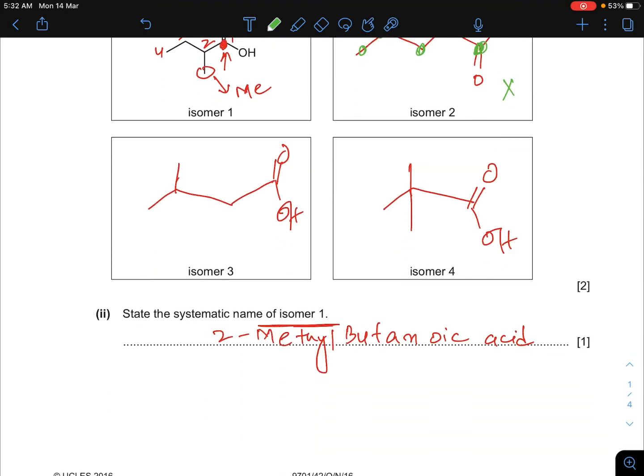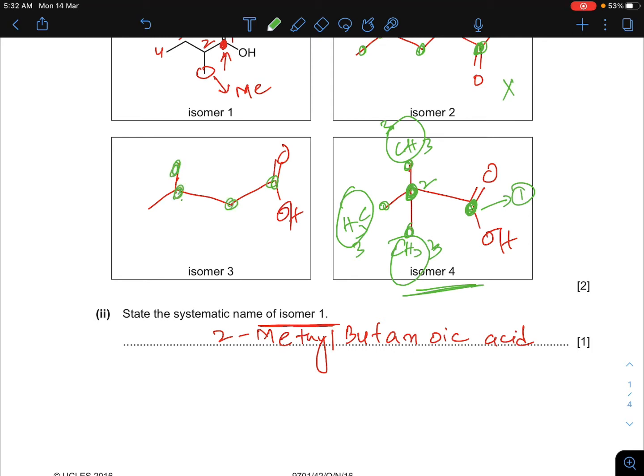Now, if you look at isomer 4, this is a different carbon atom, 1, then this is a different carbon atom, 2, then these 3 are the same because they are all attached to the same carbon atom. So this CH3, this CH3, and this CH3 are all the same, and the third peak would be due to these. So total 3 peaks. In this structure we have 1, 2, 3, and 4; these 2 are same, these 2 are same.